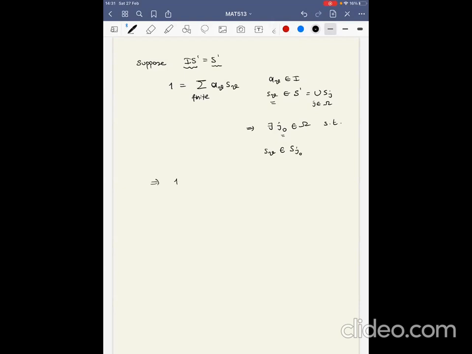But this shows us this finite sum indeed can be seen as an element in the ideal IS_j0.